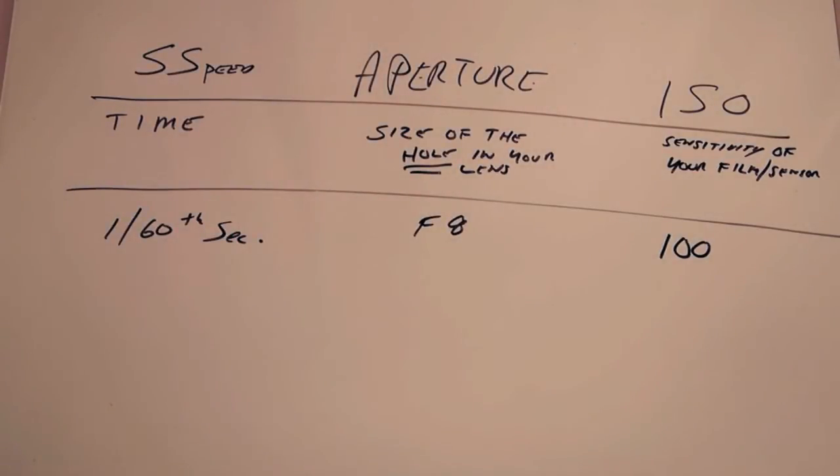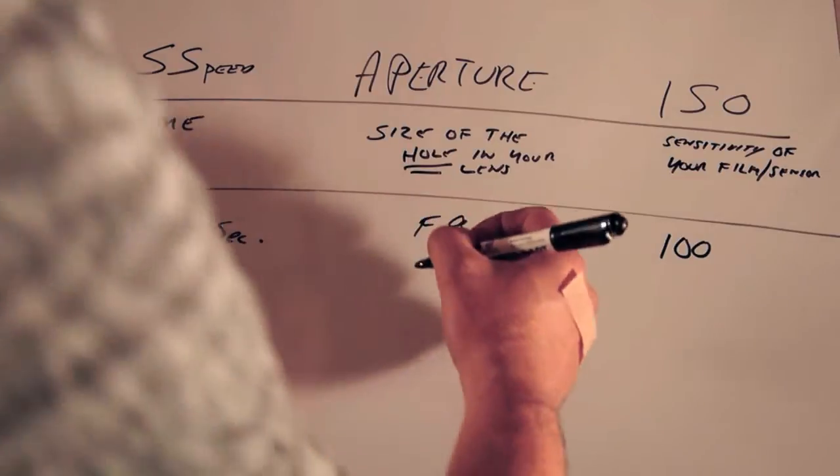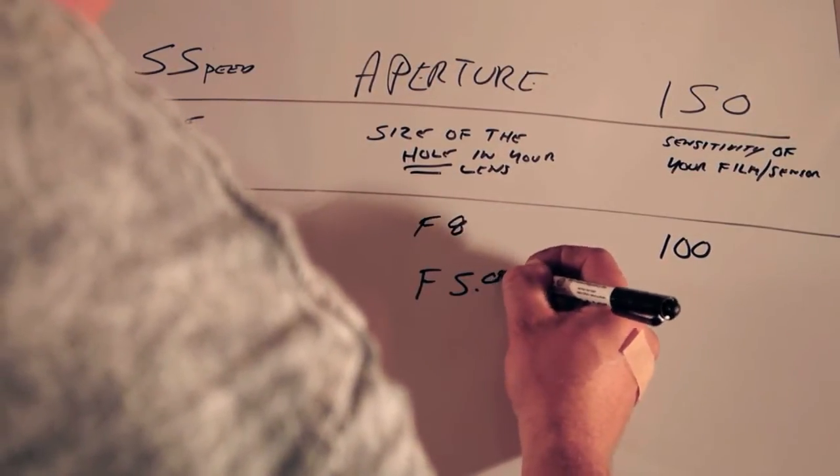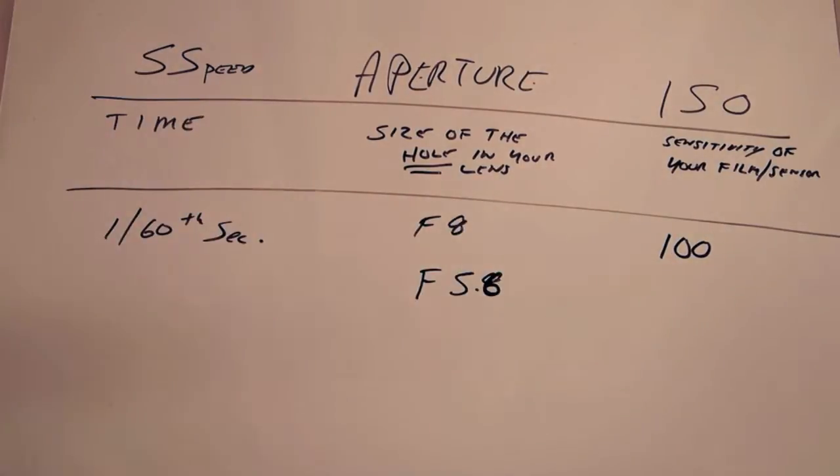Now, here's what you need to understand. If you move any one of these 1 stop up, and you move any of the other ones 1 stop down, you've accomplished the same thing. So let's say we make the hole bigger, and we go to f5.6, okay?